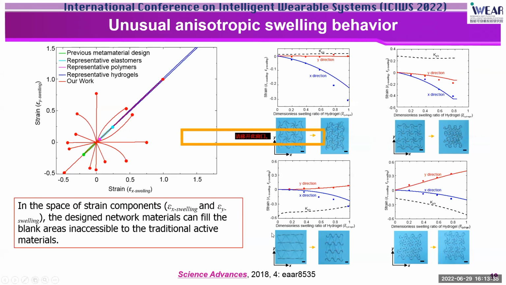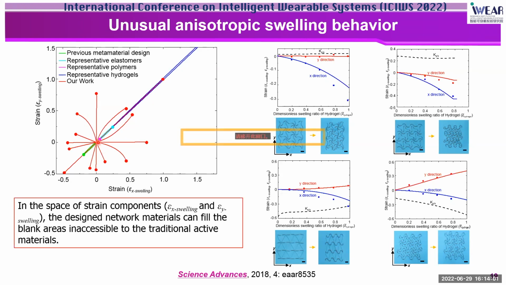If we describe this swelling path in the space of strain components, epsilon x and epsilon y, then we can do a comparison between the current metamaterial design and the traditional engineering materials, as well as previous metamaterial designs. Actually, most engineering materials show very small swelling ratios, typically in this region.